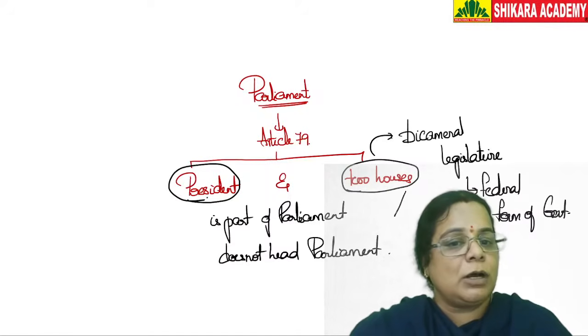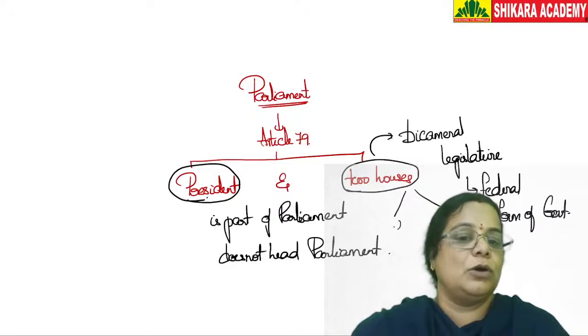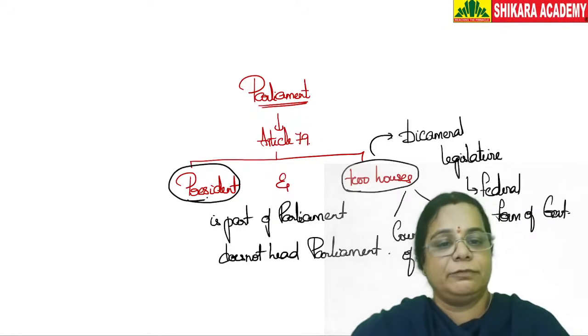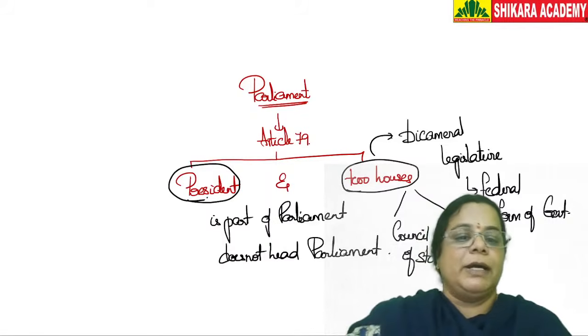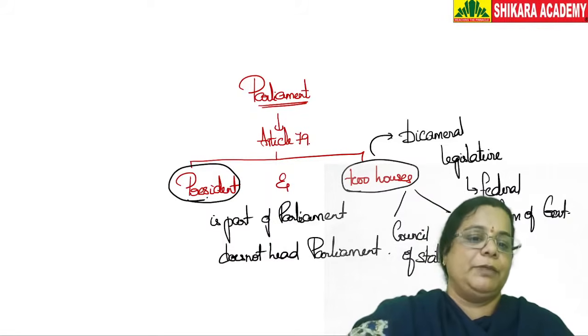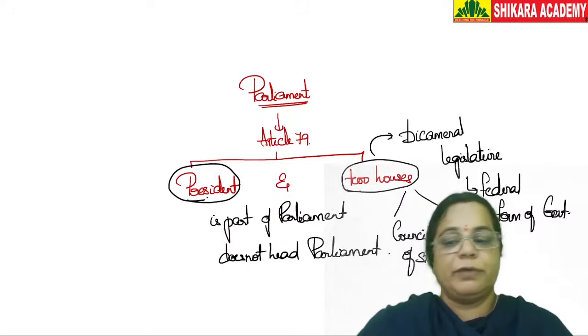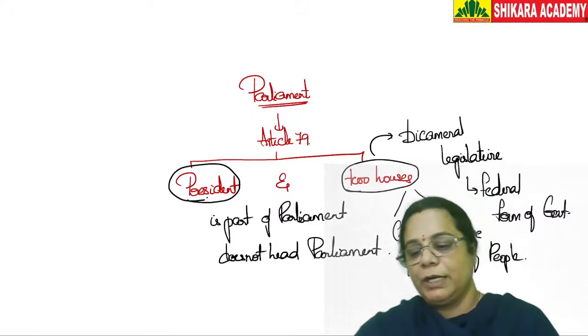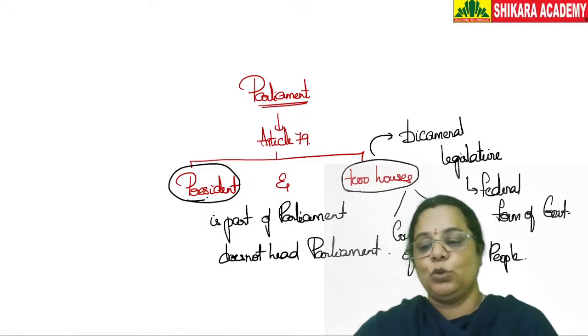Now, these two houses in the Constitution are called, as always we write, Council of States first, followed by House of People. Remember, this is also very, very important. First will be Council of States, followed by House of People. The terms Lok Sabha and Rajya Sabha are not mentioned anywhere in the Constitution.